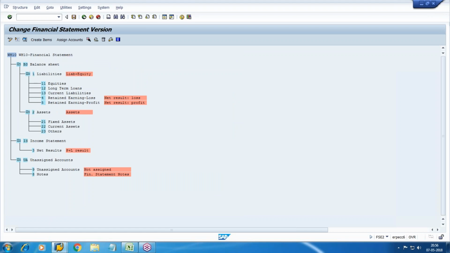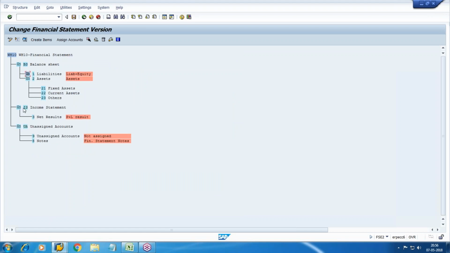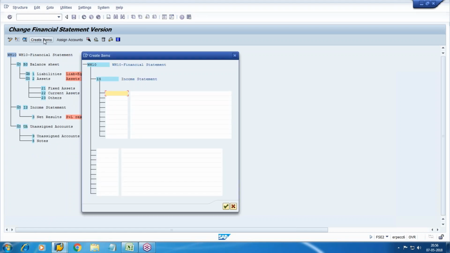Similarly you can also expand income statement, create item. 3 is there, 4 5 is there, so 6, let's say, make it revenue, cost and expenses.